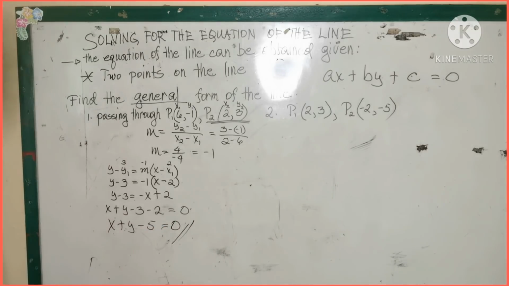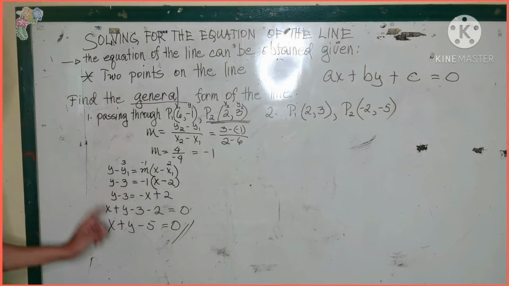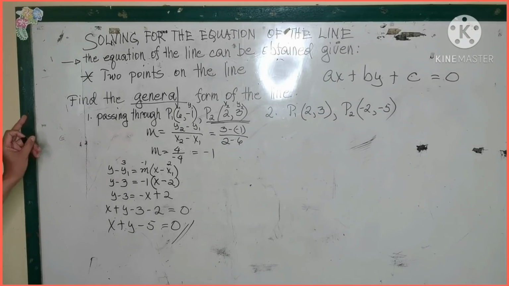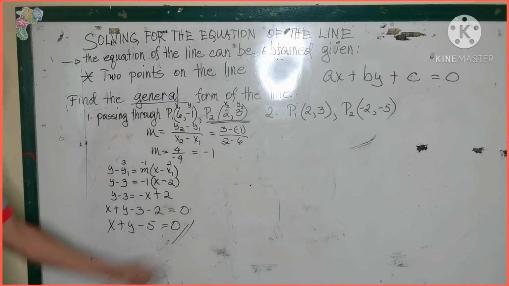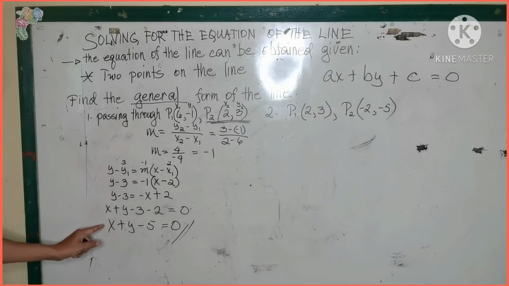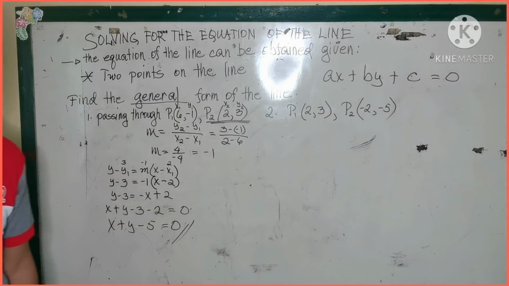So that's now the final answer. So the equation of the line in general form that passes through 6, negative 1 and 2, 3 is x plus y minus 5 equals 0.